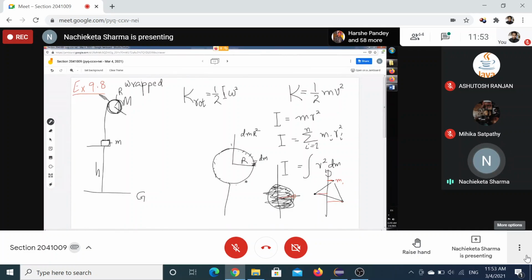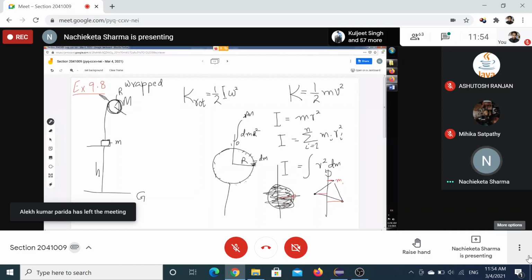So if you want to find out the total moment of inertia of this ring, then you have to take an integration, from 0 to m, since the whole ring has mass m. You take r square out, and the integration of dm from 0 to m is m.